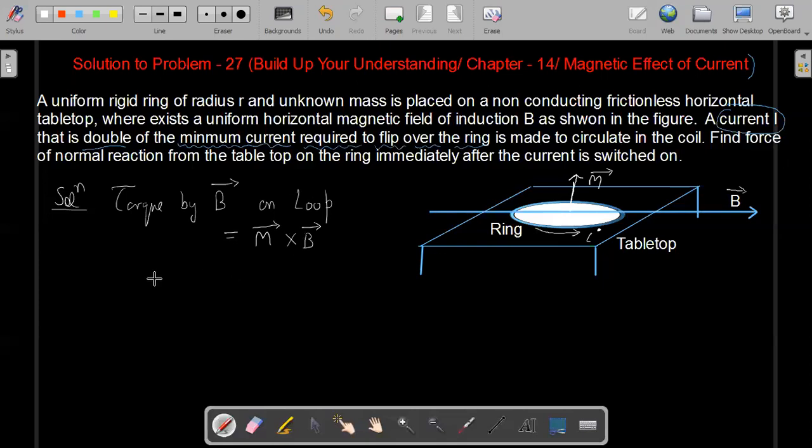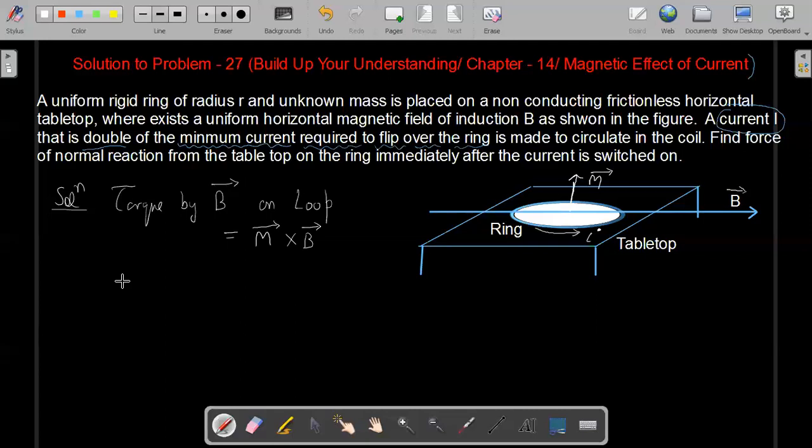Okay, and this is the nature of the torque: it acts in such a way that it always tries for the alignment of magnetic dipole moment with the magnetic field vector.